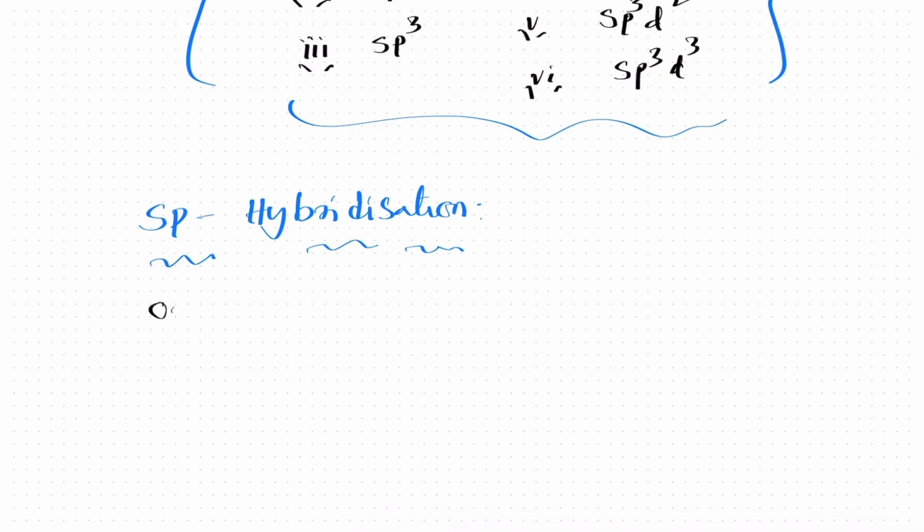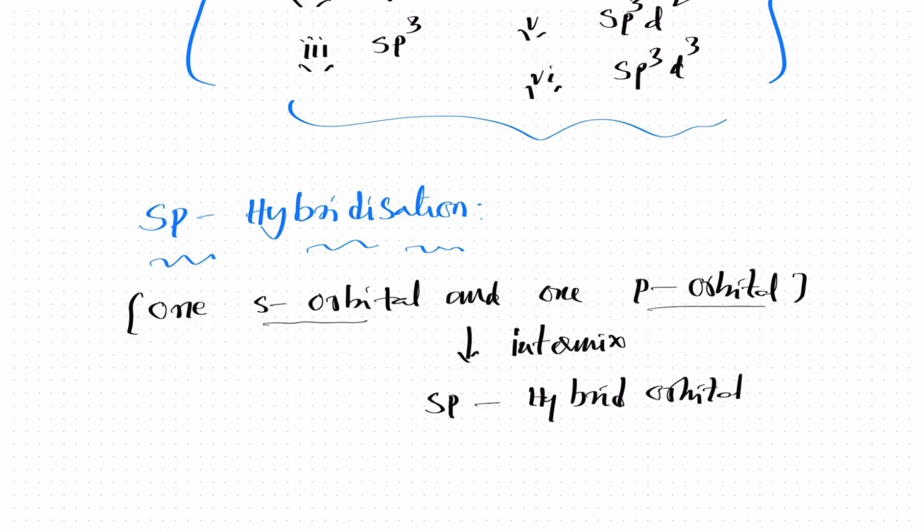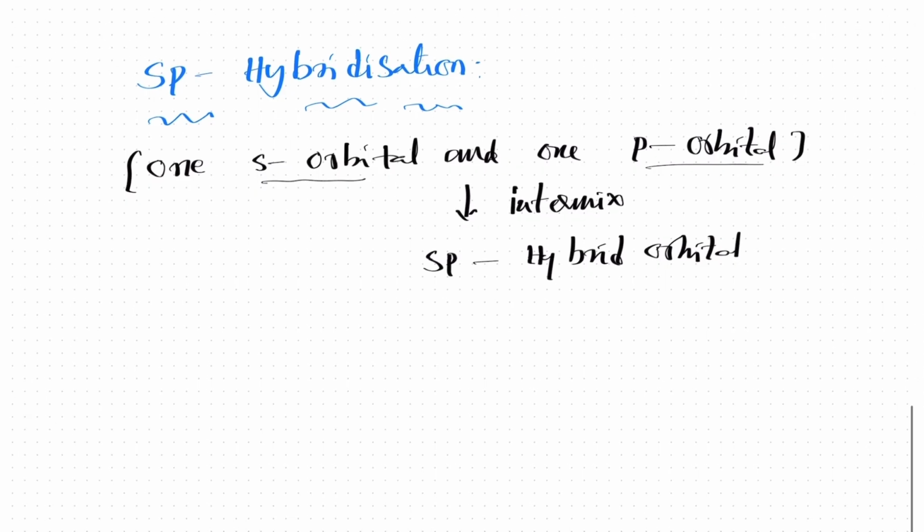Here, one s orbital and one p orbital intermix and form sp hybrid orbitals. One s atomic orbital and one p atomic orbital are intermixed and form what?